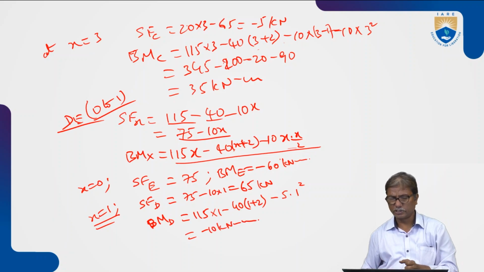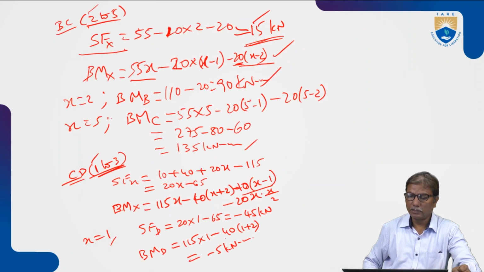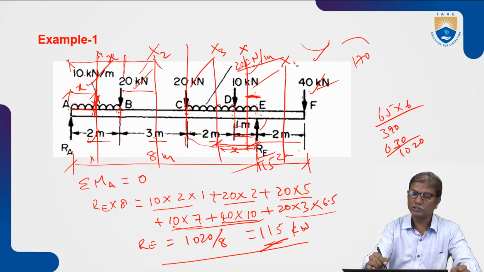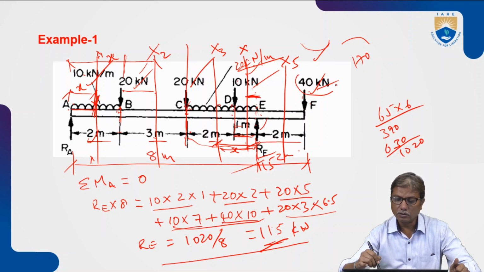There is one more section we need to consider between E and F. For that, we have only one load. So shear force is 40, right side of this, and bending moment is minus 40 into x.